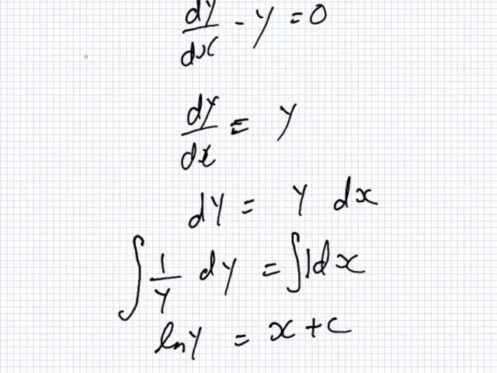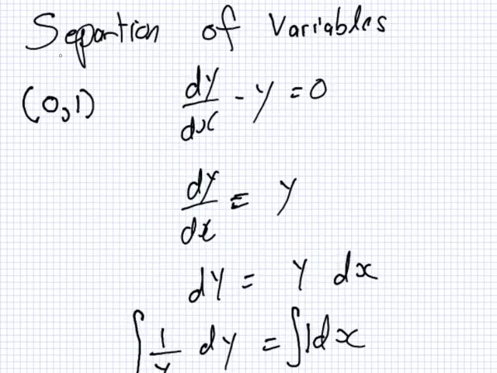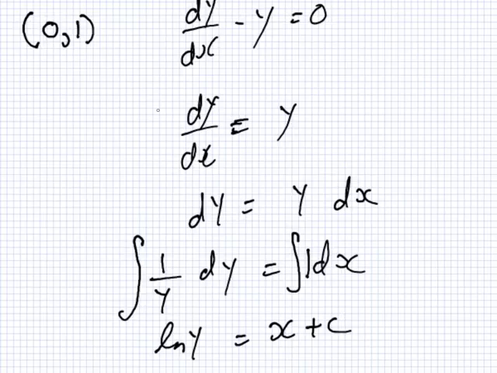Now for this question, I'm going to give you a point. I'm going to say when x is 0, y is 1. And we can use this to find the c. So this will be given in the question. So how can we find the c from that point? Any ideas? Just put it in, and we get the c.